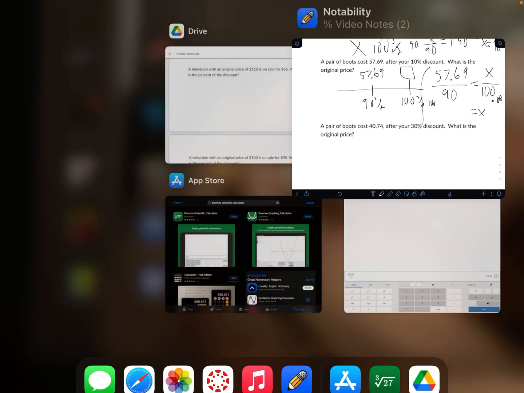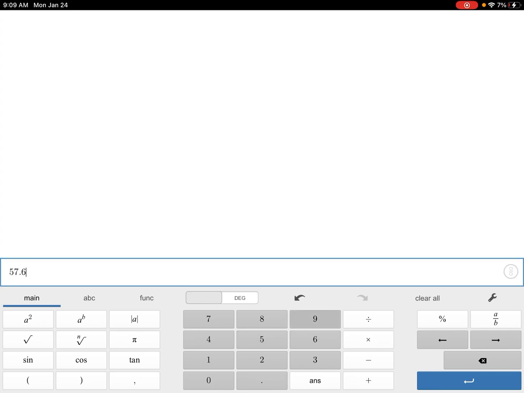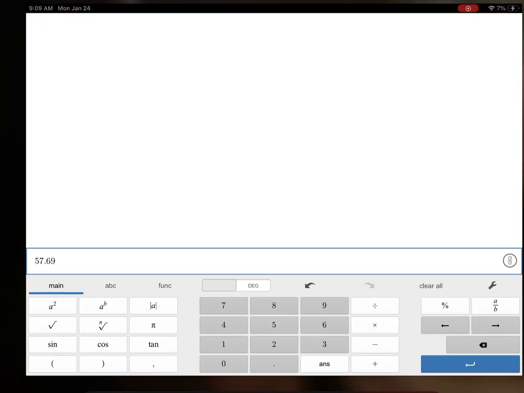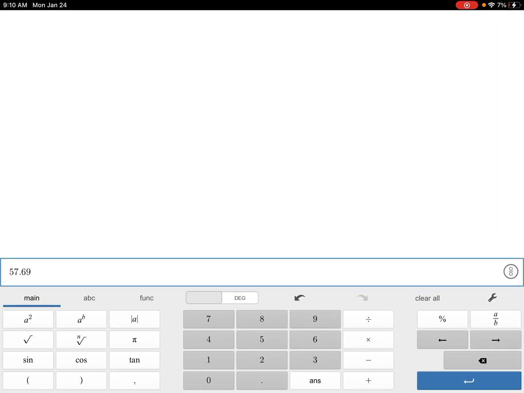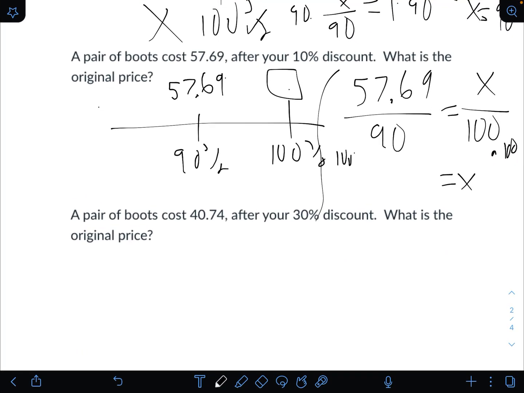So that means we have 57.69 divided by 90 times 100. 64.10. And that's the original price.